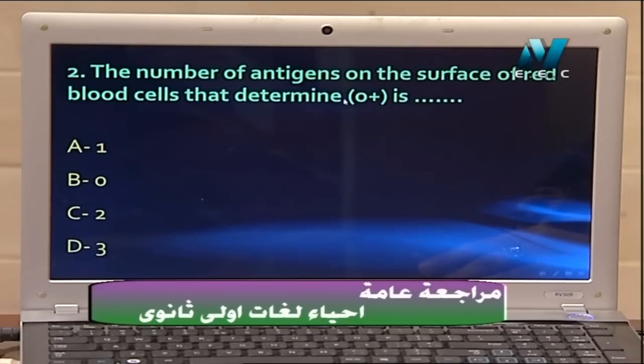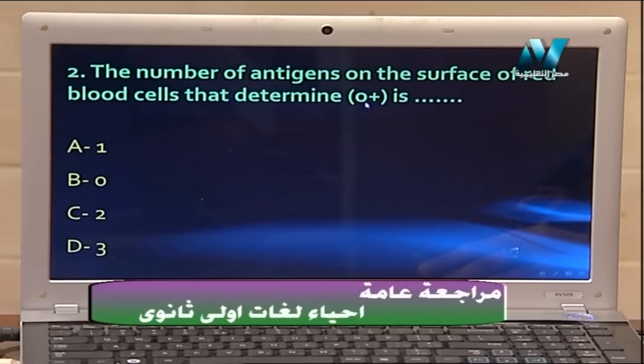Blood group O has no antigen at all. But what about O positive? O positive contains RH, a type of antigen found on the surface of the red blood cell.